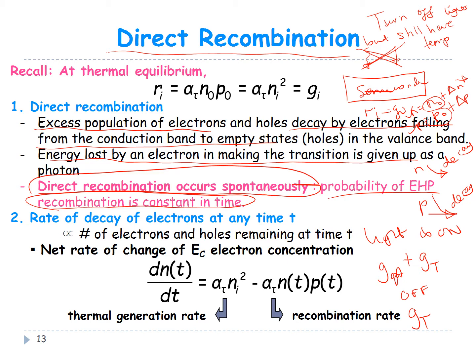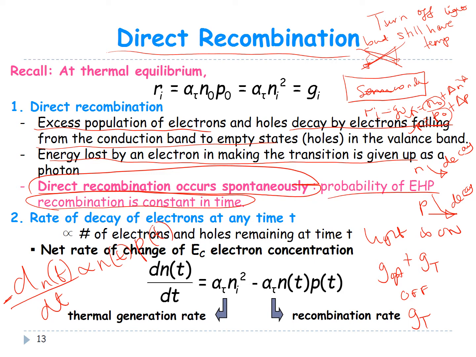Okay, and the decay of electrons and holes at any time t is proportional to the number of electrons and holes remaining at time t. So this is very, very important. So we are saying the decrease of electrons and holes, that's the decrease, is always proportional to the number of electrons at time t and holes at time t.